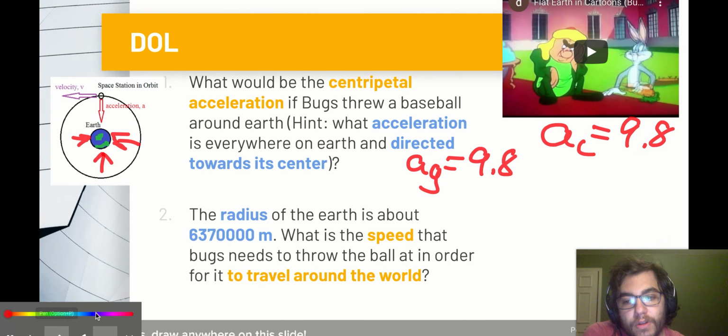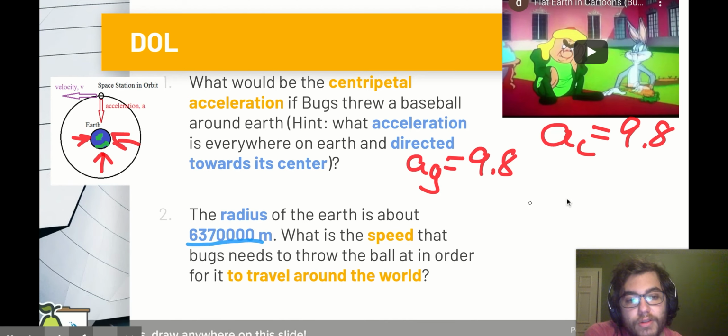So the radius of the Earth is about 6,370,000 meters. So this is my R, okay? R is equal to 6,370,000. One more zero. Okay.